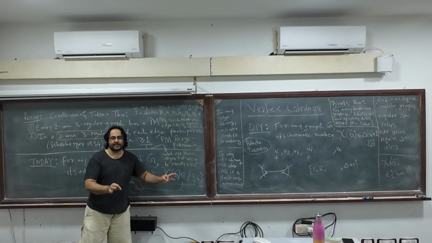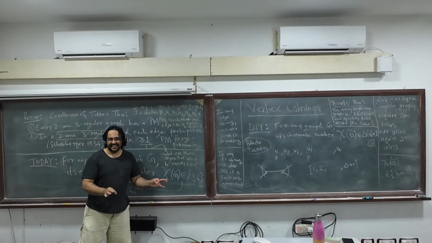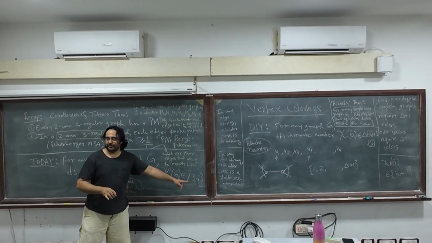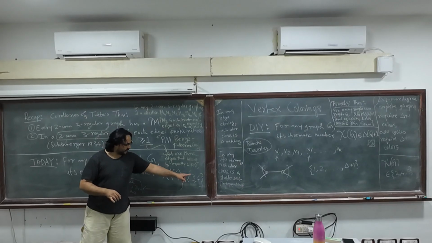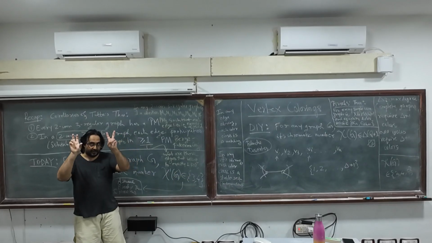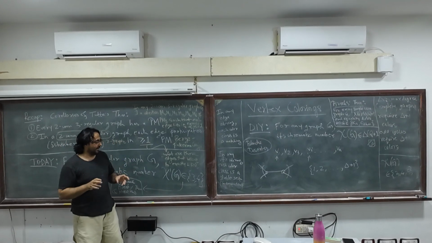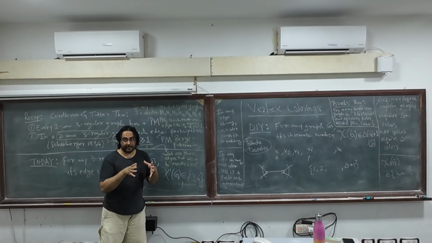This sounds very much like Brooks' theorem, but there is no known way to go from one to the other. I don't know how to prove the theorem using vertex coloring results, and I don't think it is known in general. So for edge coloring, you have a result similar to Brooks' theorem. The edge chromatic number is delta or delta plus 1.